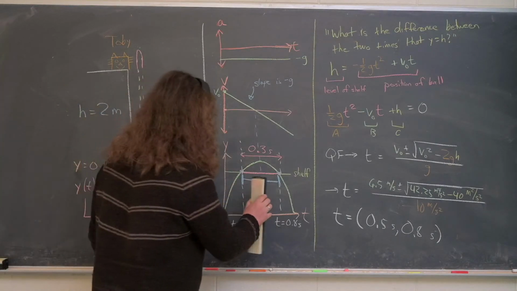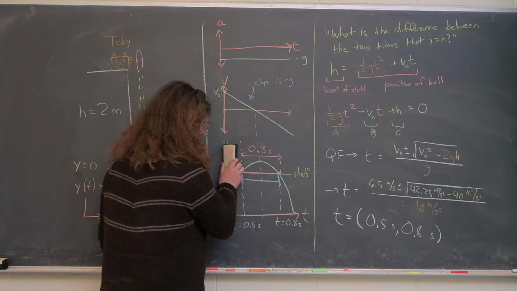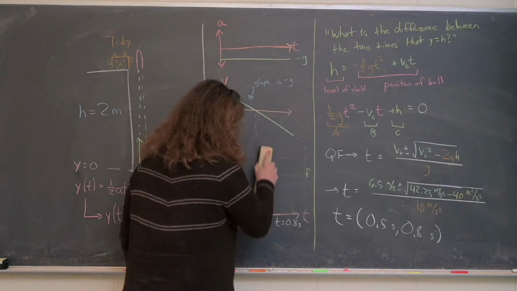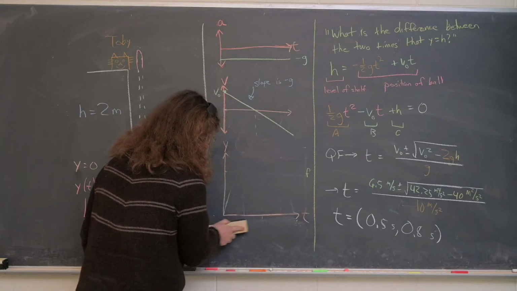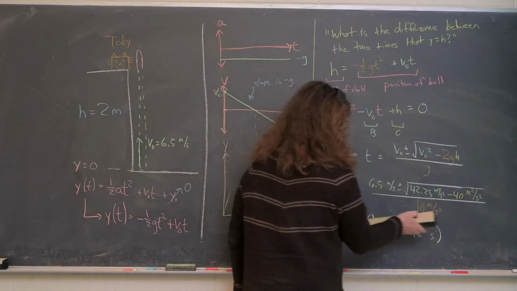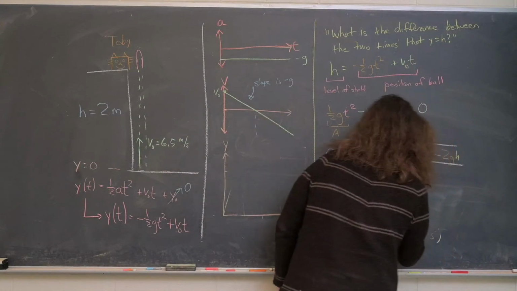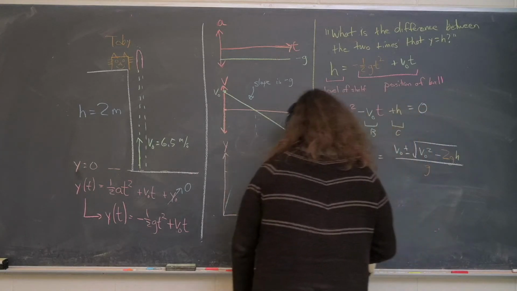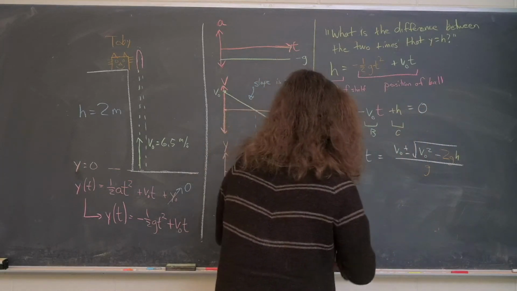So my graph goes away. Get rid of this part. And the thing with the numbers goes away. So now all I'm going to do is put in different numbers.